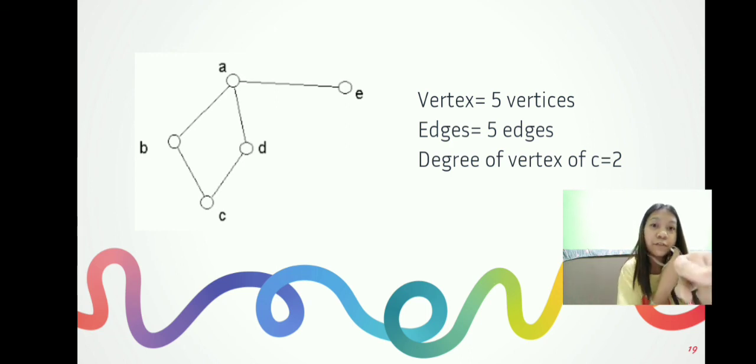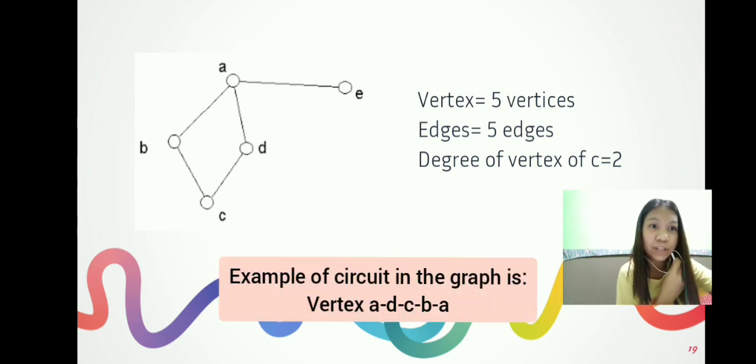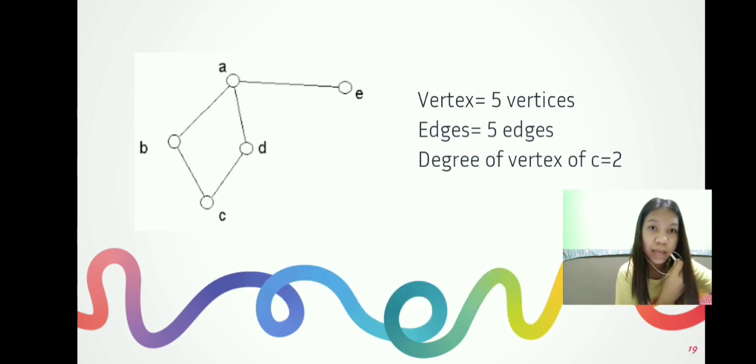So in the graph there, if we highlight from A to D to C, then to B, and end at vertex A, that can be called a circuit because it starts with vertex A and also ends with vertex A. And yes, they are connected to itself.